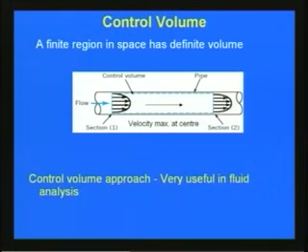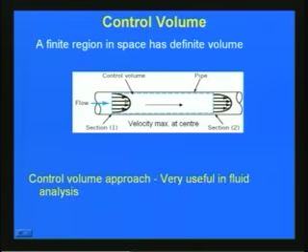Then another important definition is the control volume. As you can see in this slide, a control volume is a finite region in space and has a definite volume. Here you can see a pipe. Between section 1 and section 2, the fluid existing, that volume, is the control volume which we are considering.